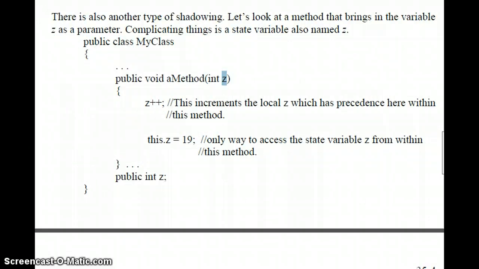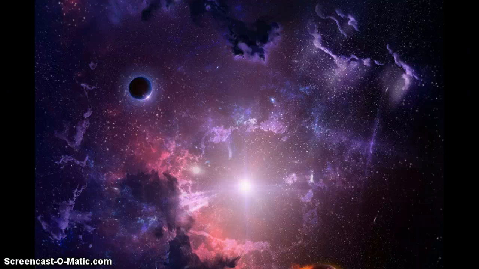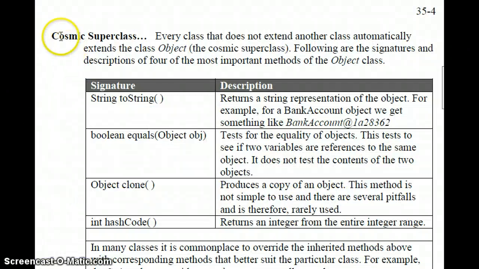Now that we're all clear and we agree not to be ridiculous, let's talk about the cosmic superclass. And before we start, it's actually called the cosmic superclass. Every class that already exists in Java, without having to say extends, automatically inherits all of the attributes of the cosmic superclass, which is pretty much the grand poobah of Java.